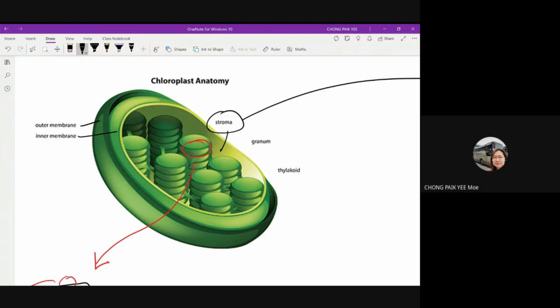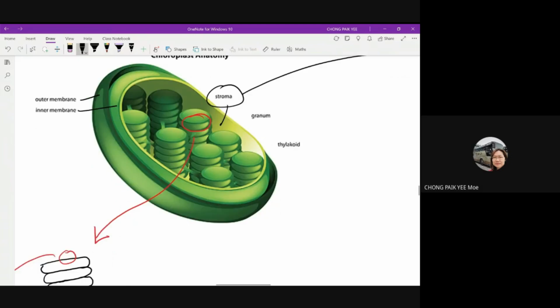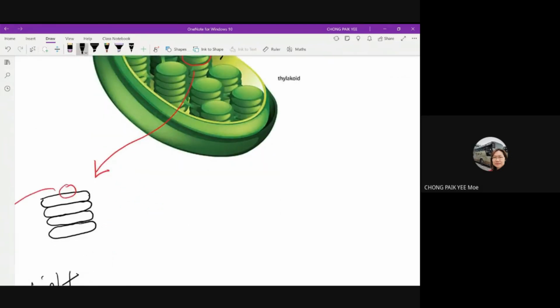In the structure of the chloroplast, you have stacks like this, which I have magnified here. Each one is called a thylakoid.